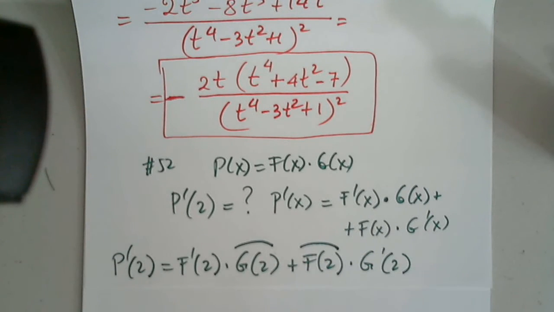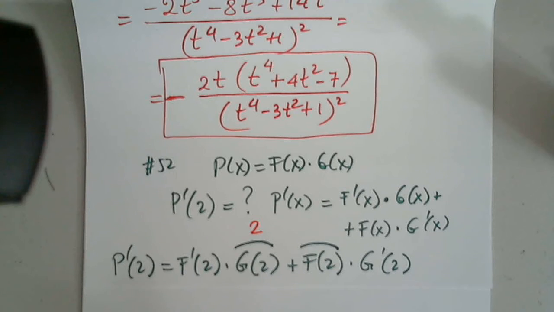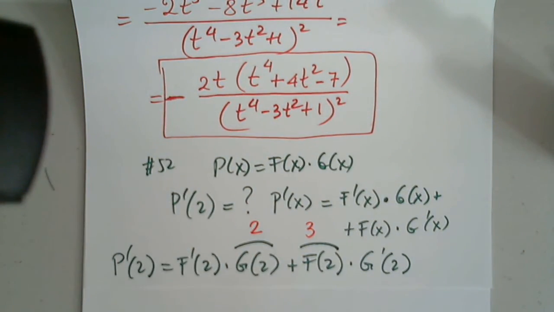G of 2 is? Very good. F of 2, can anyone give us f of 2? If you have questions about g of 2 being 2, please tell me. How much is g? So g of 2 is 2. How much is f of 2? 3. Very good. So now our next step is to find f prime of 2.